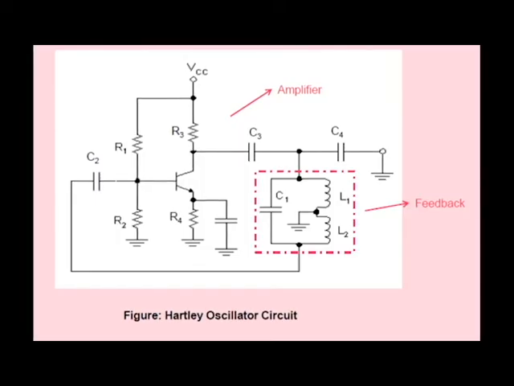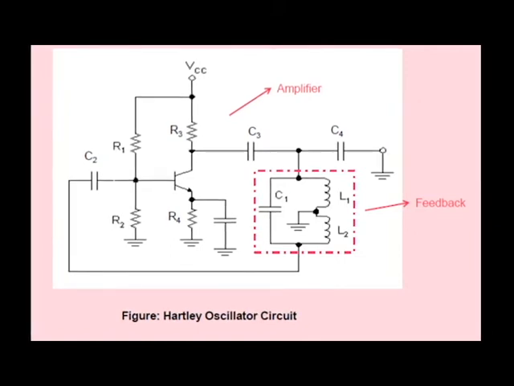Third is Hartley oscillator. The Hartley oscillator uses a pair of tapped inductors, 2 inductors, and a single capacitor to produce the regenerative feedback necessary for oscillation. And this is a Hartley circuit.